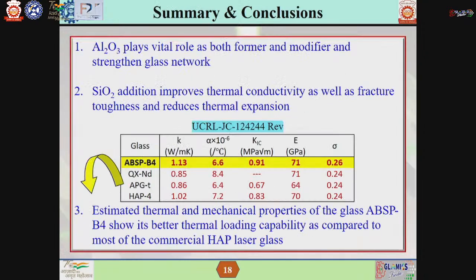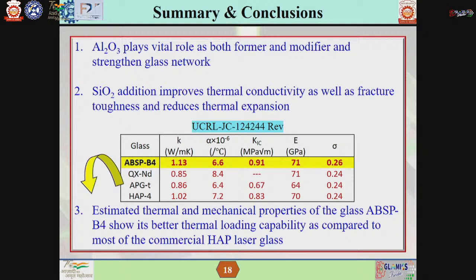What we have explored in this study is that in commercial phosphate glasses, alumina mostly plays the modifier role, but in our second composition, it plays the role of both modifier and former. Due to this, it is strengthening the glass network.